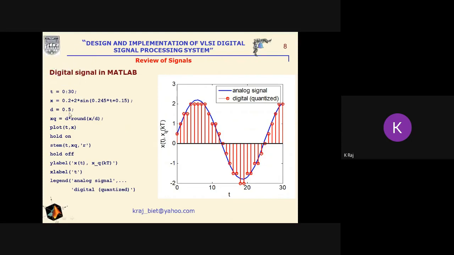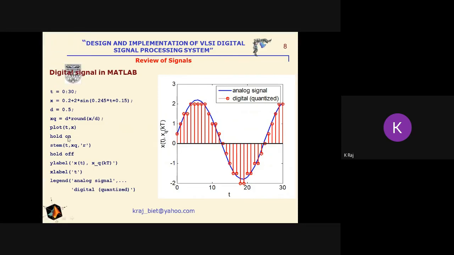Say d is 0.5, and next we get x cube. That is, x, the sinusoidal signal, will be divided by d, and then we consider the rounding of that, and multiply by 0.5. Then we will plot t comma x cube, which will again be a sinusoidal function.